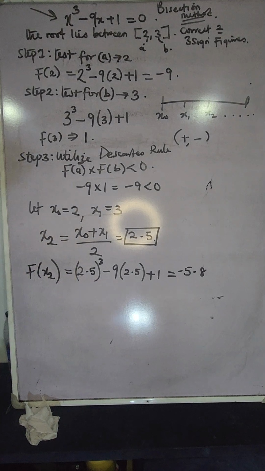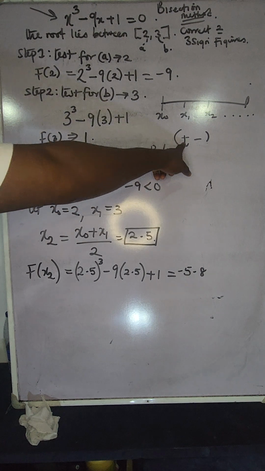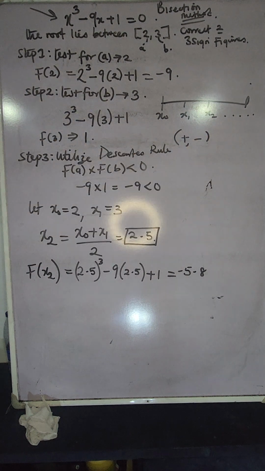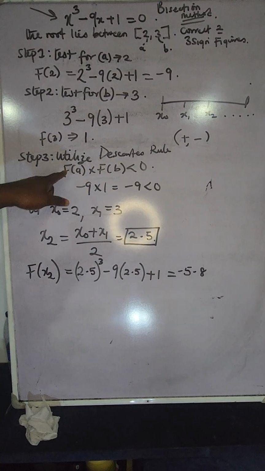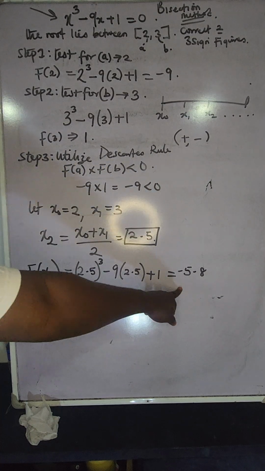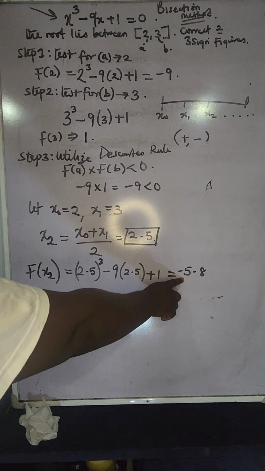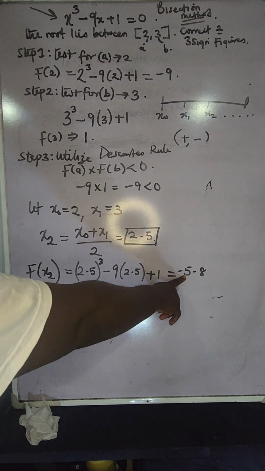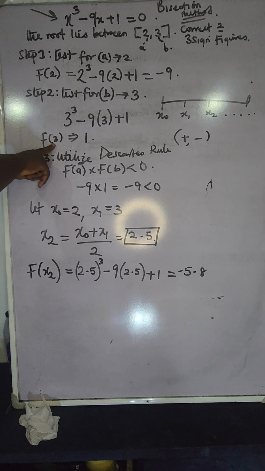That's f of x2. Now, just like I said that in Descartes rule, you must have one positive, one negative. Since this person is a negative, and we said Descartes rule f of a when multiplied by f of b should be less than 0, we need one positive to qualify these people for Descartes rule. True or false? So we'll ask ourselves, when was the last time we saw a positive figure? The last time that we saw a positive figure is f of 3.